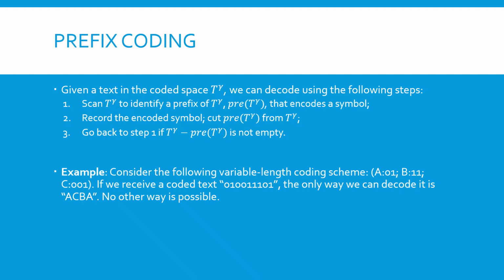The next valid prefix is 001, which decodes to C. Continuing this way, the entire string is decoded as ACBA.